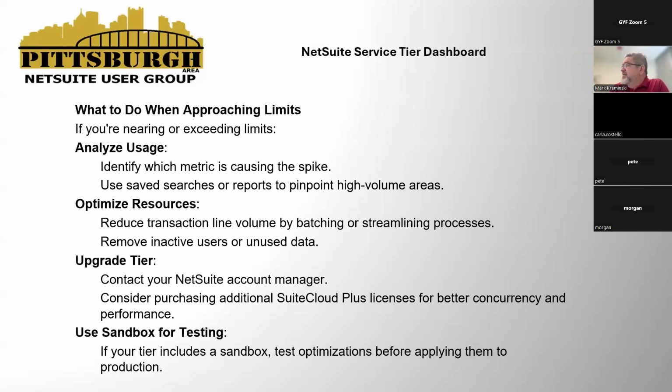You can optimize your resources, so you can reduce the transaction line count by batching or streamlining your processes that are creating those transaction lines. And then you can also, which isn't on here, clean up your sandbox. On the next slide, I'll go through some of that.